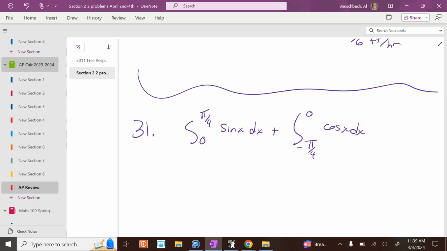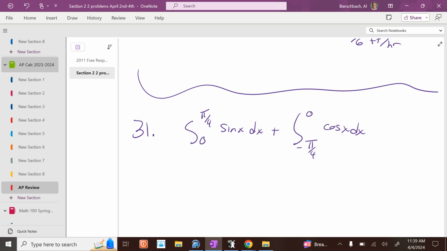This was a calculator one, right? You guys could just punch that in, and you got answer C, which was 1. So I'm not even going to explain that one because this is in the calculator section. So we should be good there.